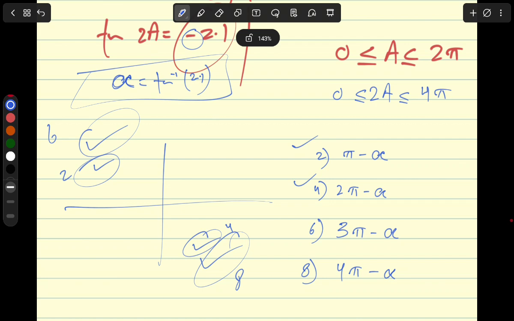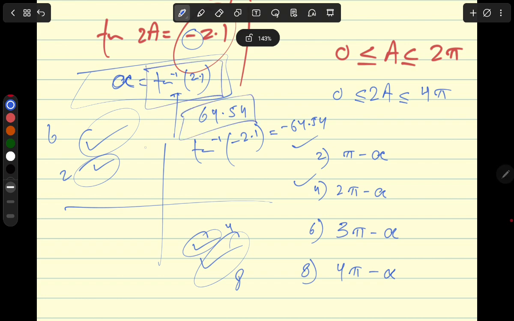Now there is a beautiful insight to it. Students often write 64.54 instead of negative 64.54. If you're doing this in degrees, you are going to get 64.54. If you do tan inverse of negative 2.1, you are going to find negative 64.54, right? So when you put the positive value in, the calculator gave you the first quadrant.